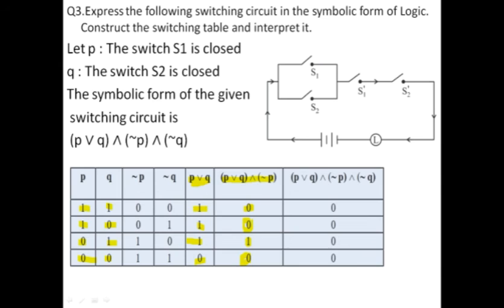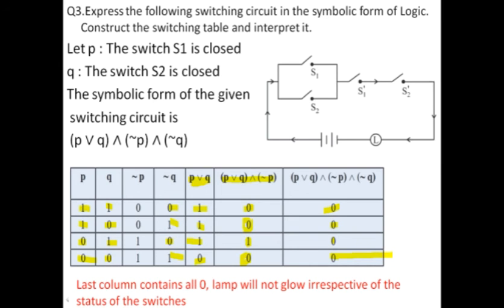And at the last we have to use this with negation of Q. So 0 and 0 becomes 0, 0 and 1 becomes 0, 0 and 1 becomes 0, and 1 and 0 becomes 0. So at last we have got the result: the last column contains all 0.